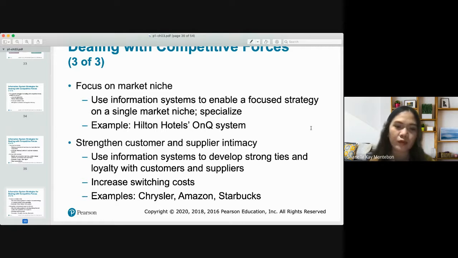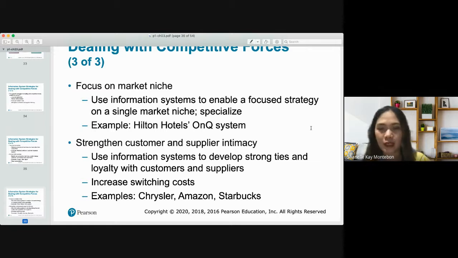Examples of strengthening customer and supplier intimacy is si Chrysler. So si Chrysler, meron siyang system kung saan yung suppliers nakikita nila kung ano yung mga products na konti na lang or kailangan na ng supplies. So the suppliers can even decide on when and how to do the distribution or pag-provide nila ng supplies kay Chrysler.